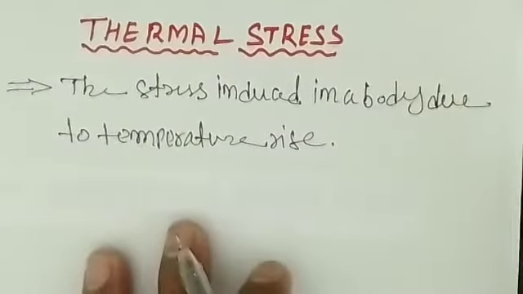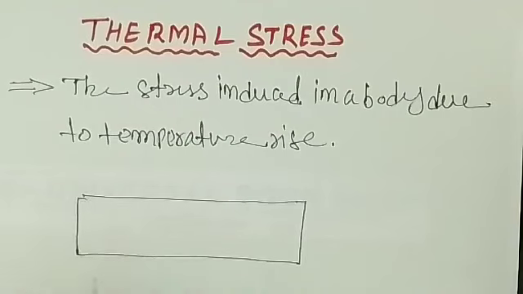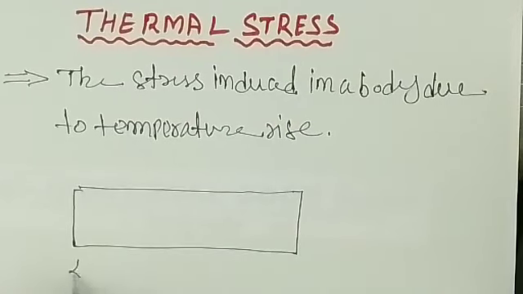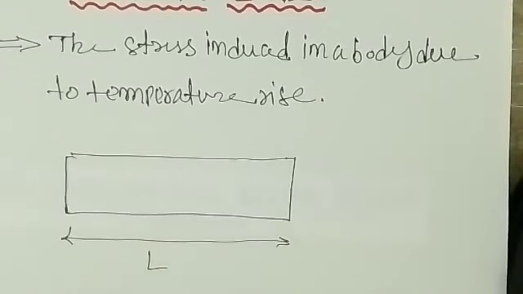So we can do the analysis for one body. Let's say there is one bar element whose original length is L. This L is the original length of the bar, and when it is subjected to a temperature rise, suppose it expands, because of the temperature rise the expansion will take place.